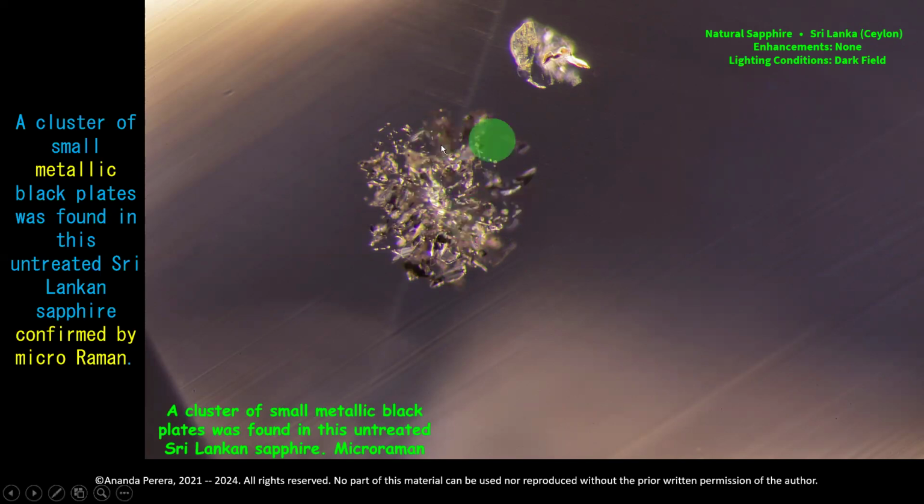Small metallic black plates are here. It is untreated natural sapphire. And it is confirmed by micro test. So these black plates are graphites. We are moving to next.